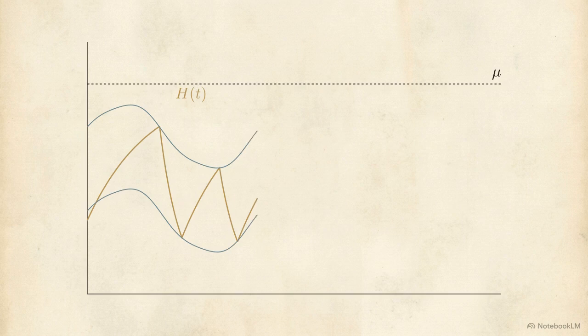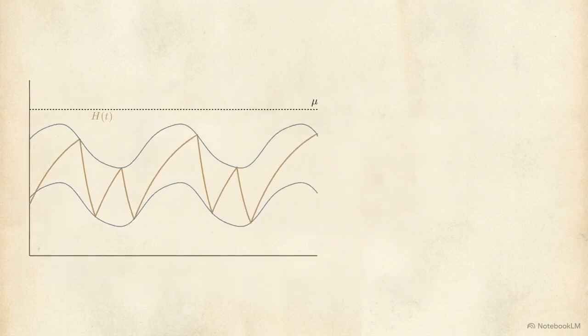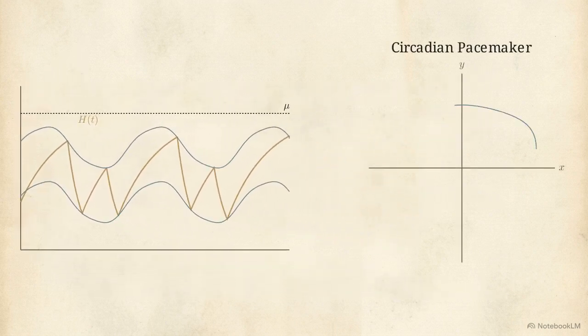This graph plots the first major component, an exponential relaxation oscillator. It models homeostatic sleep pressure, represented here as h of t. The pressure rises during wakefulness toward a fixed upper asymptote, mu, and decays sharply once sleep begins. But that pressure doesn't trigger sleep statically. It interacts with a dynamic threshold.